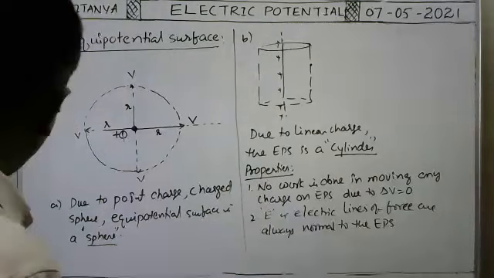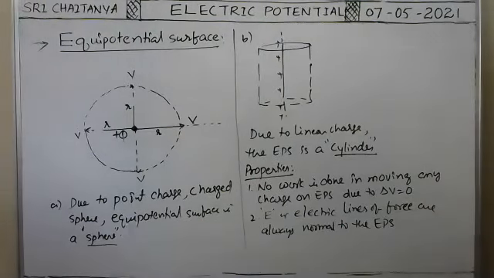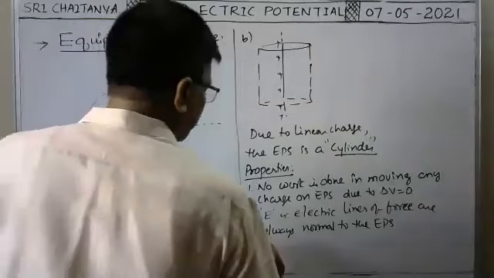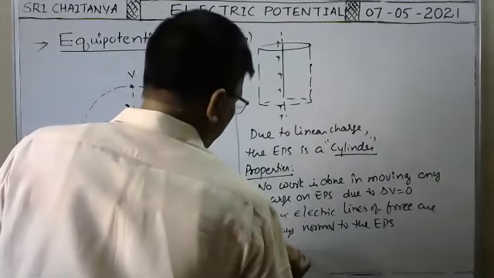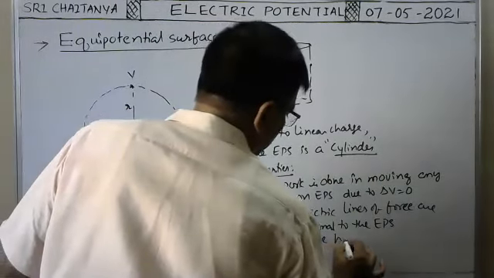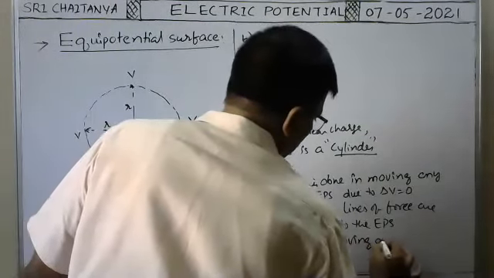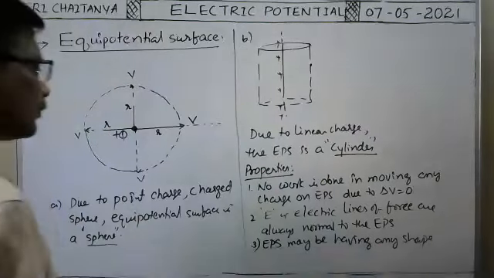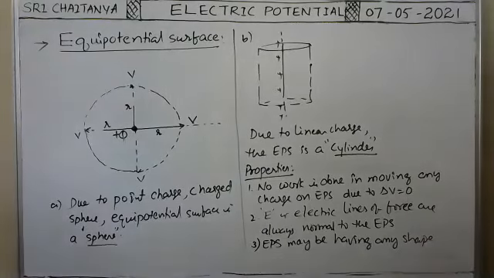Okay, note down. This equipotential surface may have any shape. EPS may have any shape. Note down.